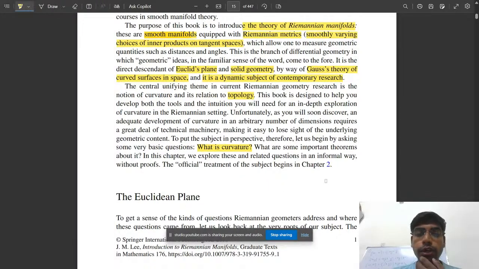What are some important theorems about it? It is very easy: if we start reading about curvature, then naturally a lot of theorems and a lot of corollaries will come up, right? In this chapter, we explore these and related questions in an informal way without proofs.